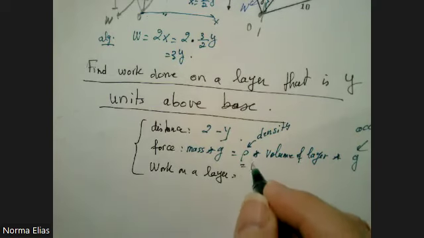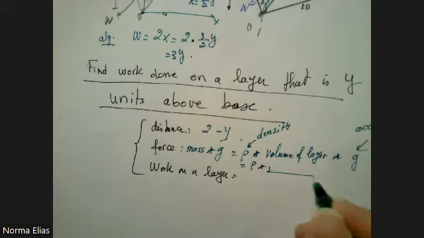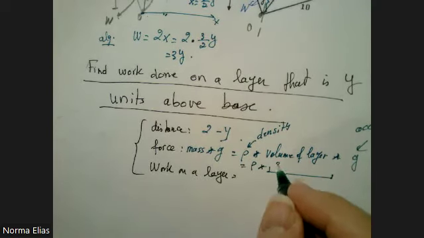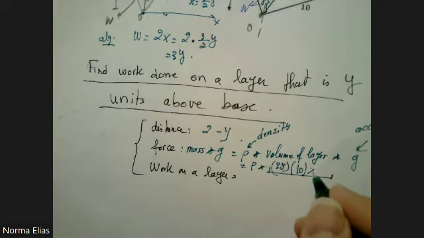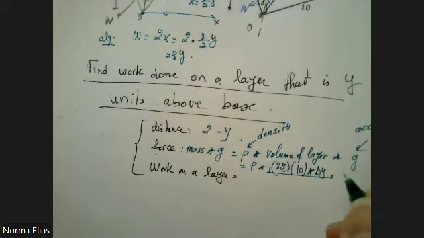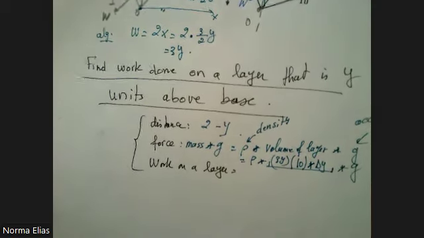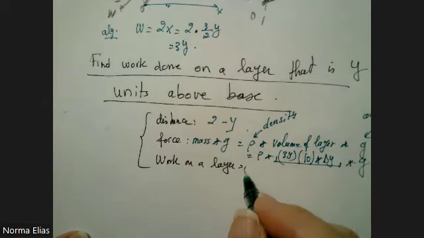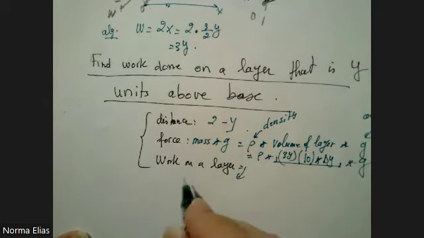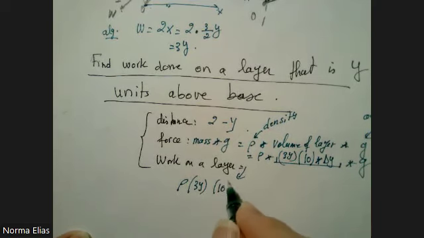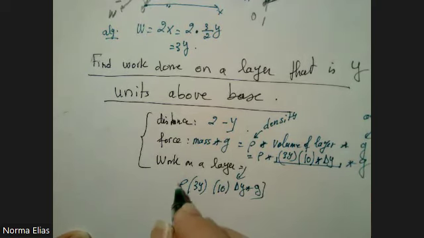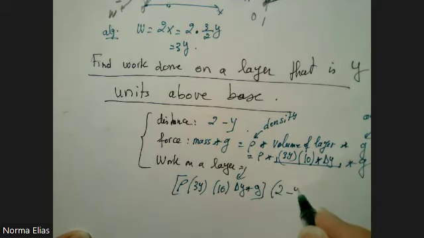The volume is going to be rho times the width, 3y, times the length, which is 10, times the delta y, times the acceleration. And finally, the work done on a layer is force times g times the distance.